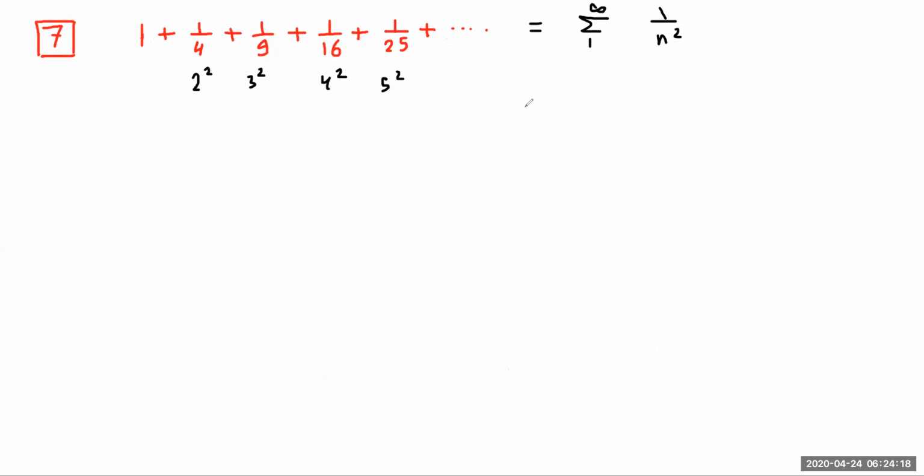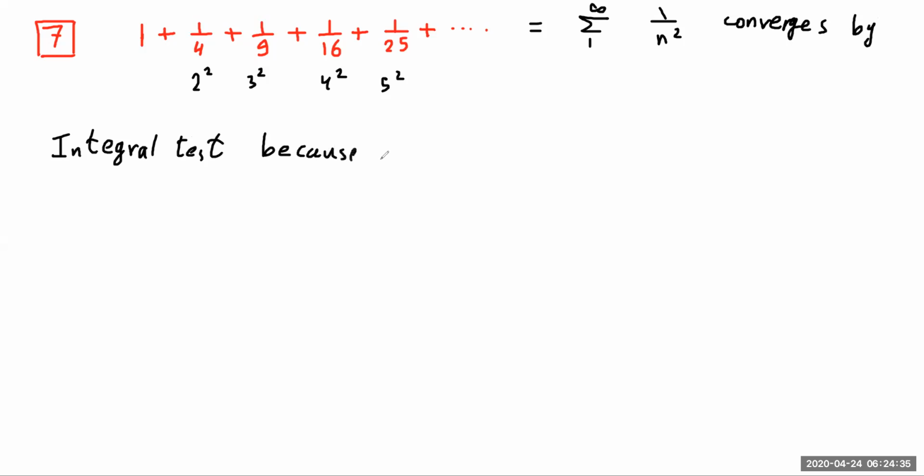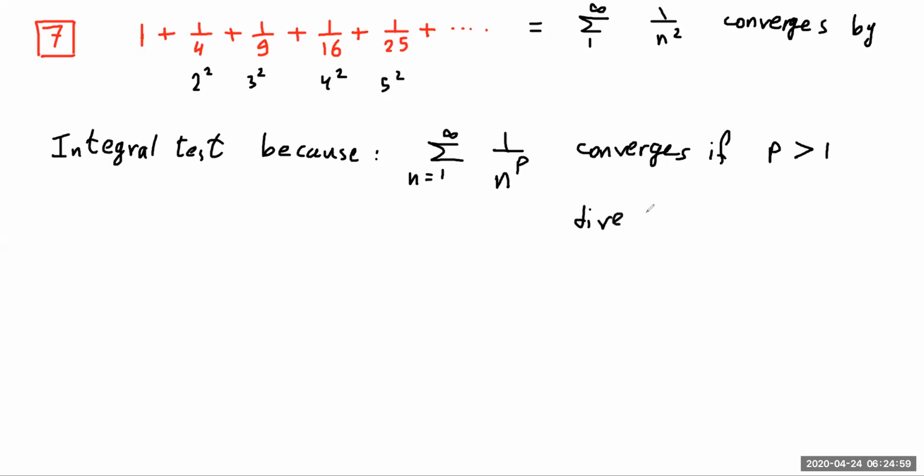Okay, now this converges by the integral test, because we have this rule: sigma 1 over n power b from n equal 1 to infinity converges if b is greater than 1 and diverges if b is less than or equal to 1. Now b is 2, greater than 1, so it converges.